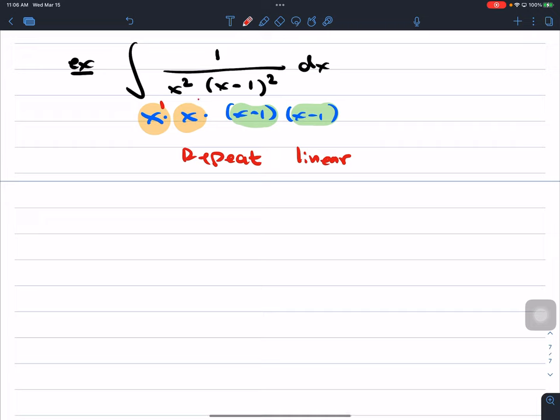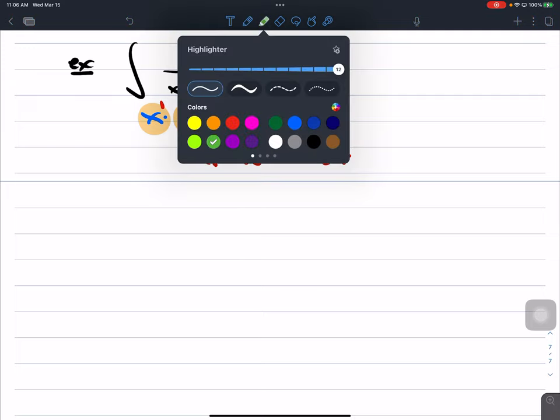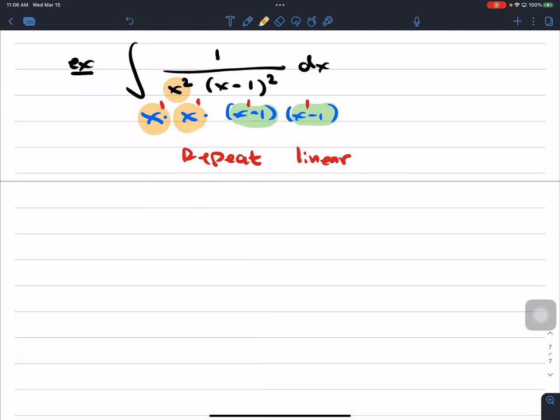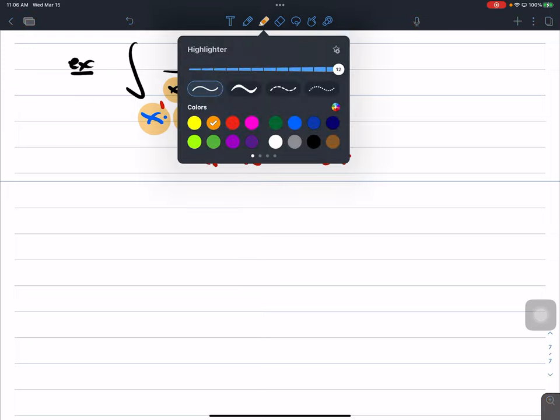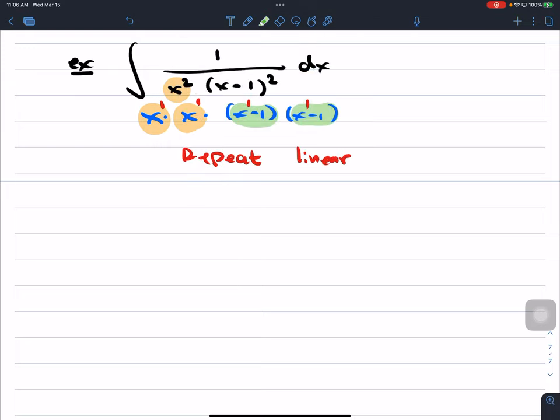Why linear? Power 1, power 1, power 1, power 1, right? So we can look at it that way. So remember, for this first repeat linear, we're going to have 2. For the second repeat linear, we're going to have 2, okay? So let's write that down.